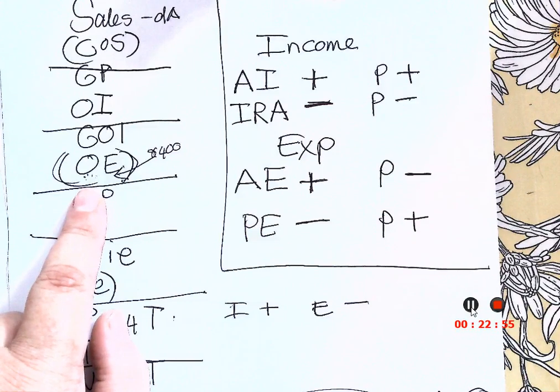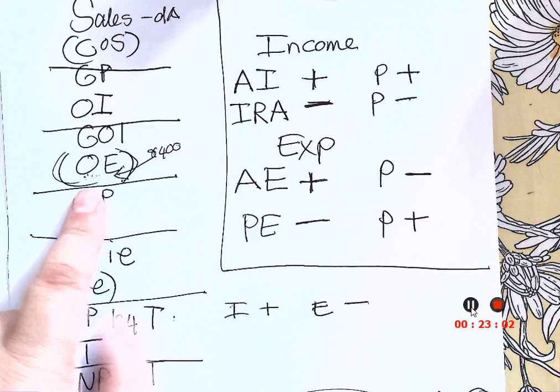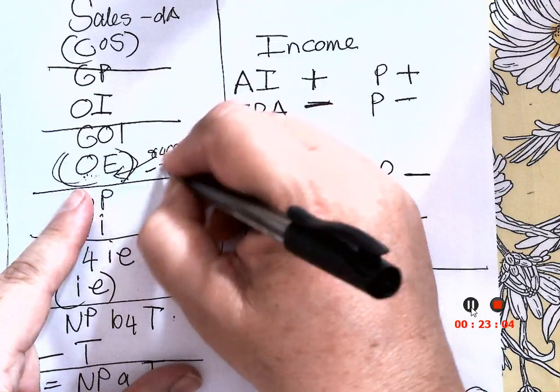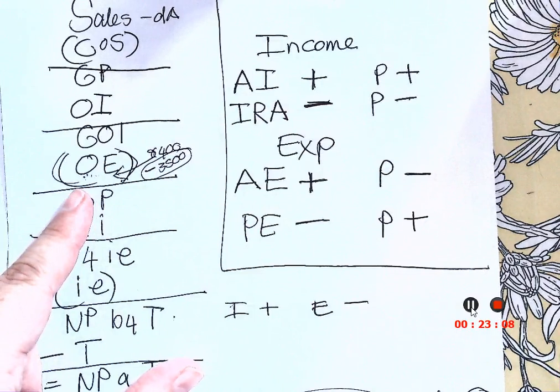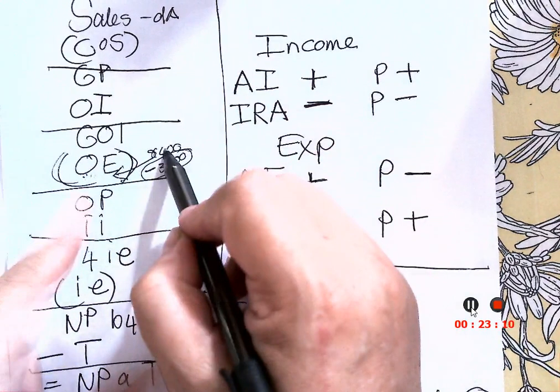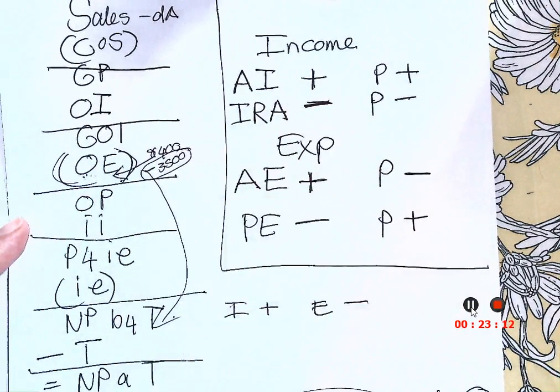So they just forgot to take out the prepaid. So you are only taking into account that 3,500, and that's the only one, because the 8,400 is already part of the net profit.